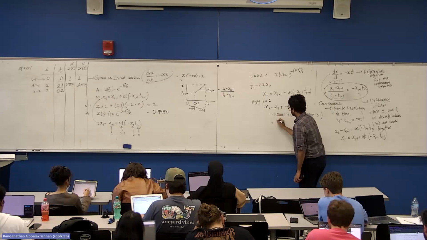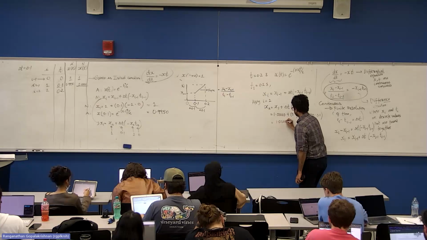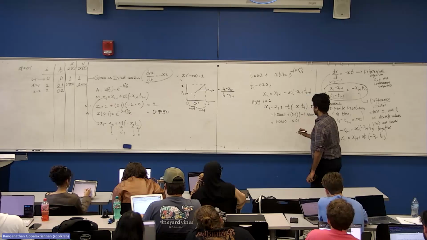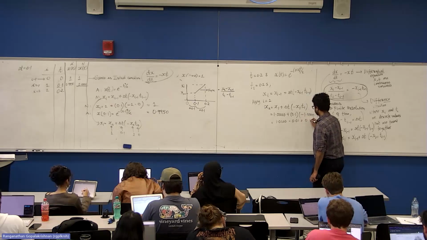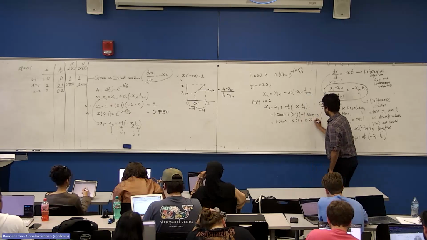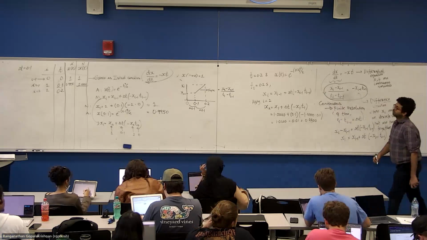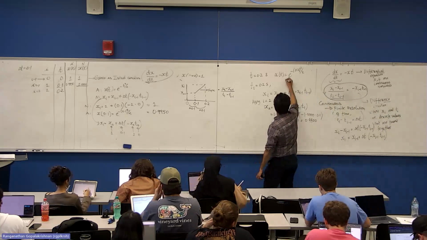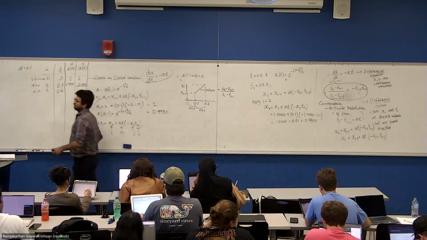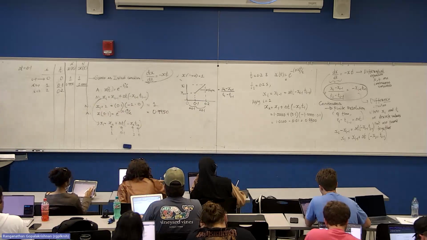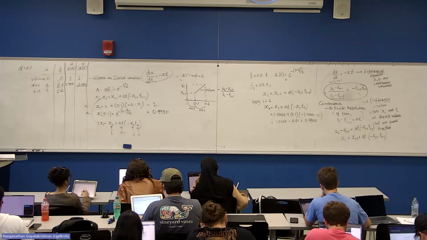So that gets us 1.0000 minus 0.01. So that is 0.9900. What is this number? 0.9802.